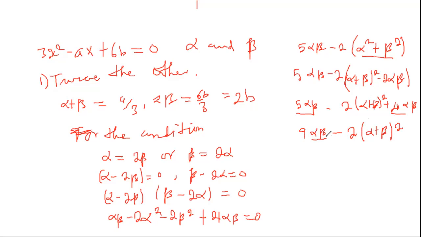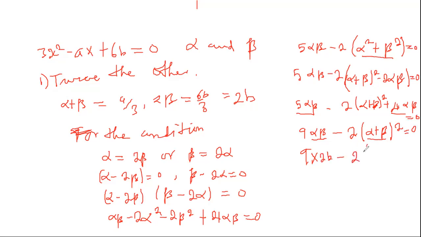Then we substitute the values of alpha plus beta and alpha beta, the sum and product. Our sum was a over 3. No, that was our sum, and our product was 2b.